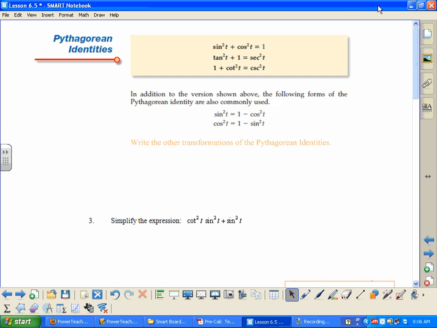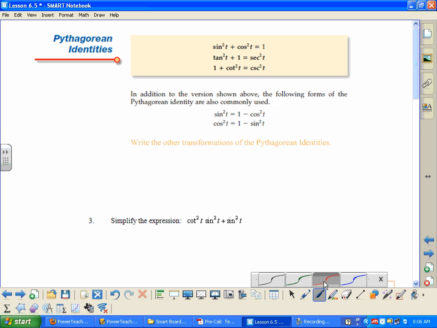Now, those three are the original ones, but all three of them can be written in three ways. The way you see there, plus two other ways. And you're going to want to have all of them at your availability. Okay? So they've rewritten the ones for sine and cosine.